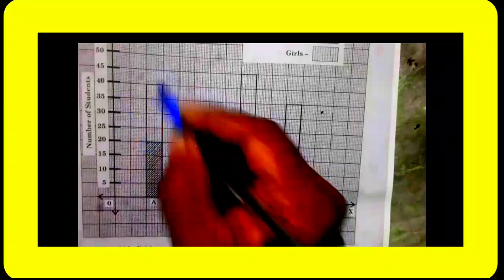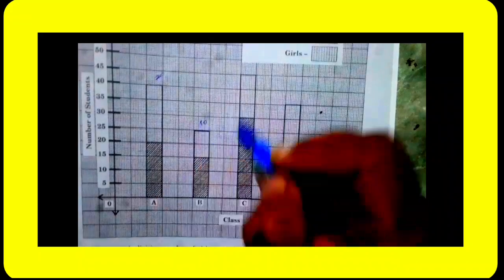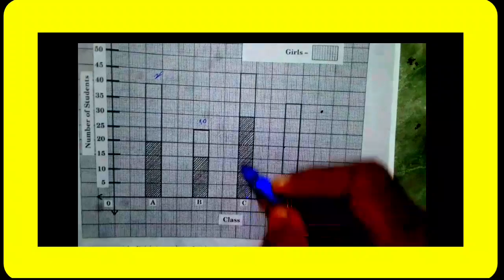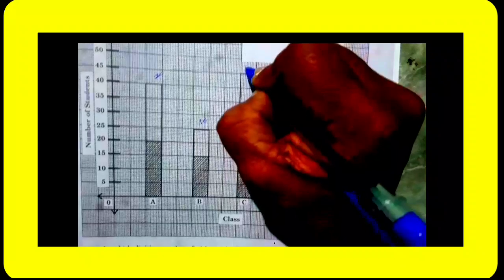In which division number of the girls are half of the number of the boys? In A, 40 minus 20 is 20 girls. In B, 25 minus 15 is 10 girls. In C, 45 minus 30 is 15 girls.